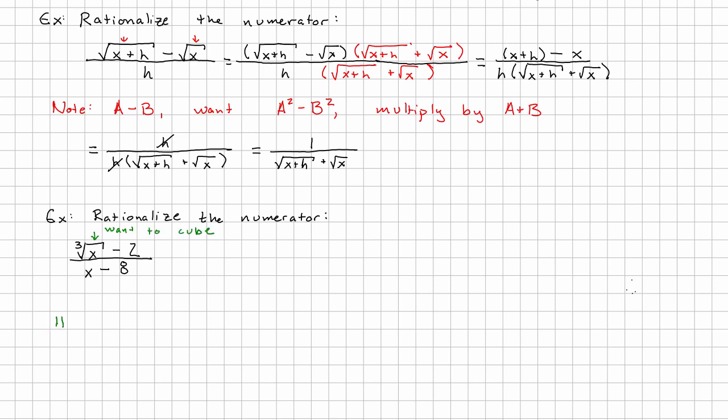So we have something in the form a minus b. We want to cube things. If we want to cube things and we start with subtraction, we'll end up with subtraction. And so we'll multiply by a squared plus ab plus b squared.